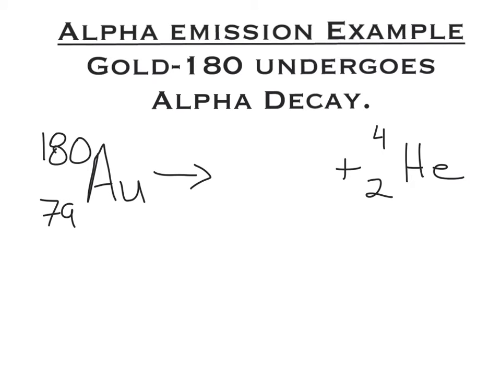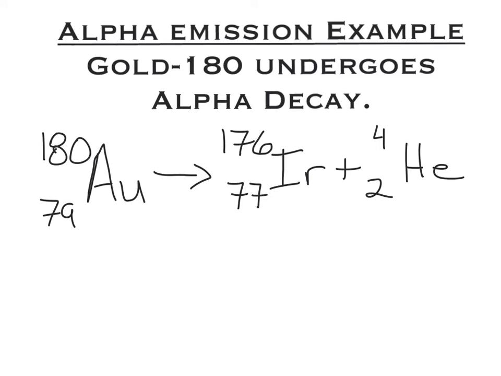So 79 minus 2 would be 77 for my new atomic number, and 176 for my atomic mass, because 4 plus 176 would be 180. And since I now have 77 for my atomic number, I now have iridium as my new isotope, because iridium's atomic number is 77.